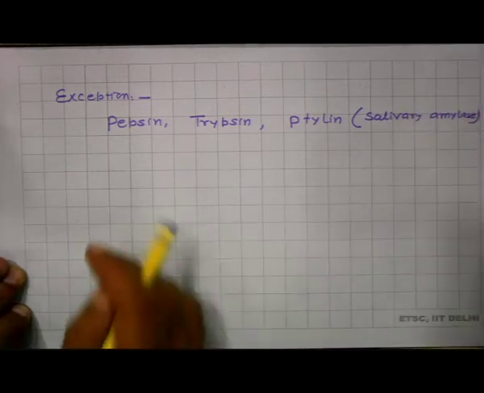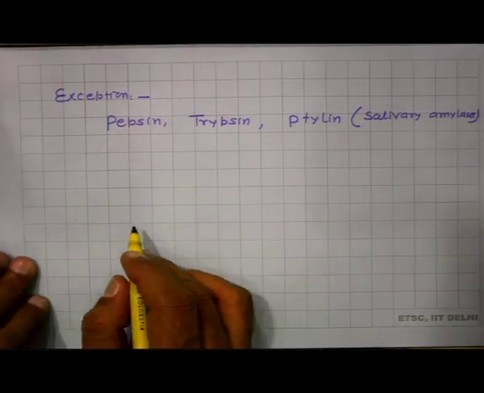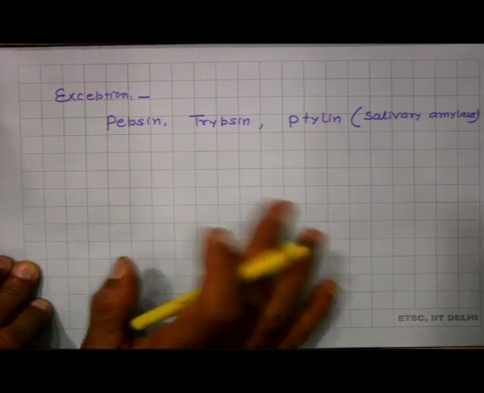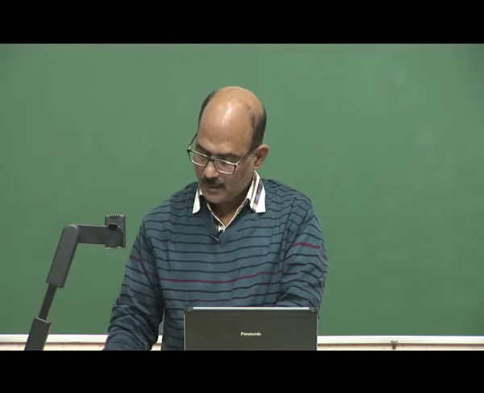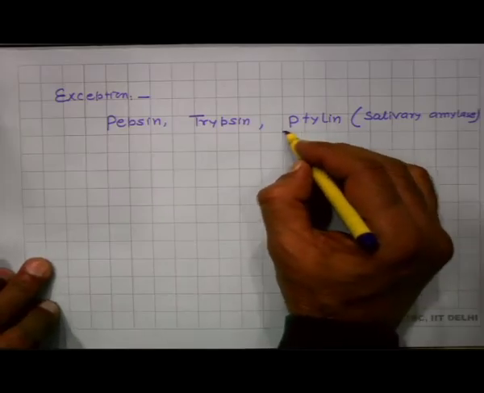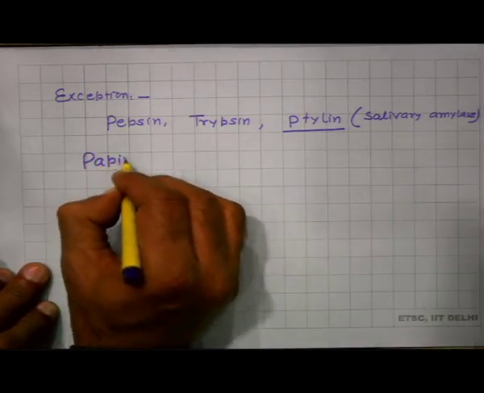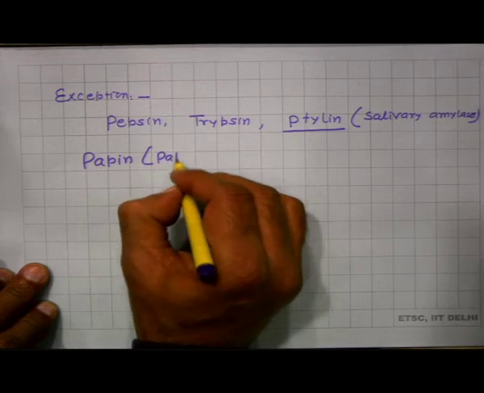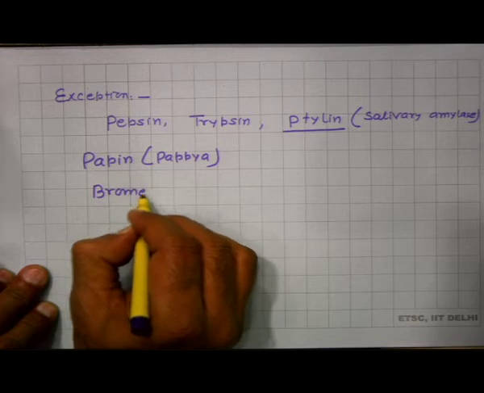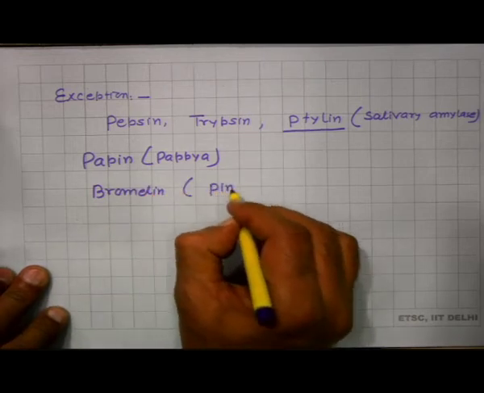There is a practical related to salivary amylase in your syllabus: action of salivary amylase on starch at different temperatures and different pH. Ptyline is the older name. Next one, papain, which comes from papaya, and bromelain from the Bromeliaceae family, which includes the pineapple family.